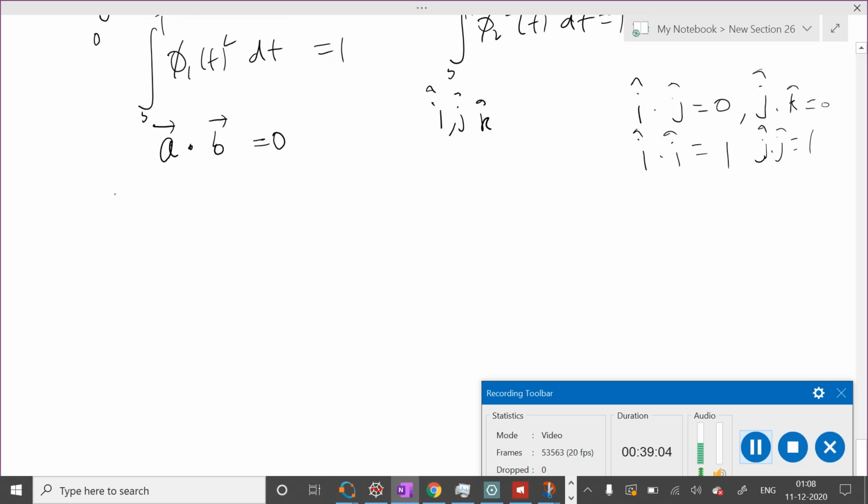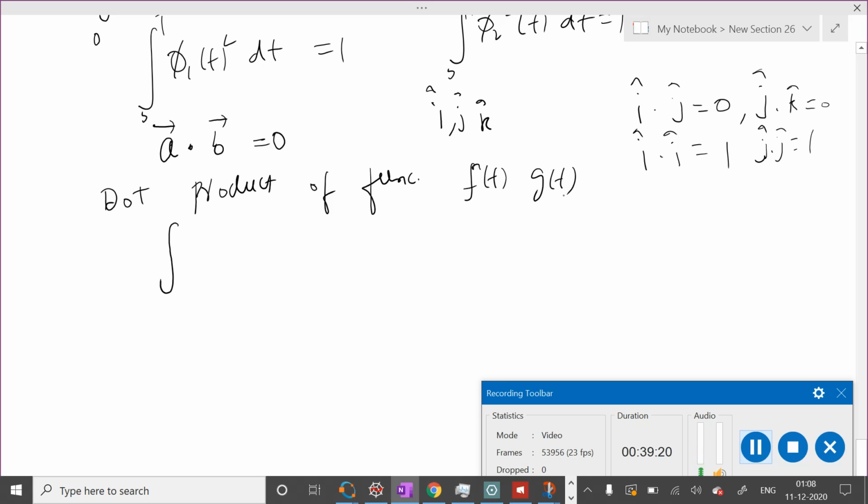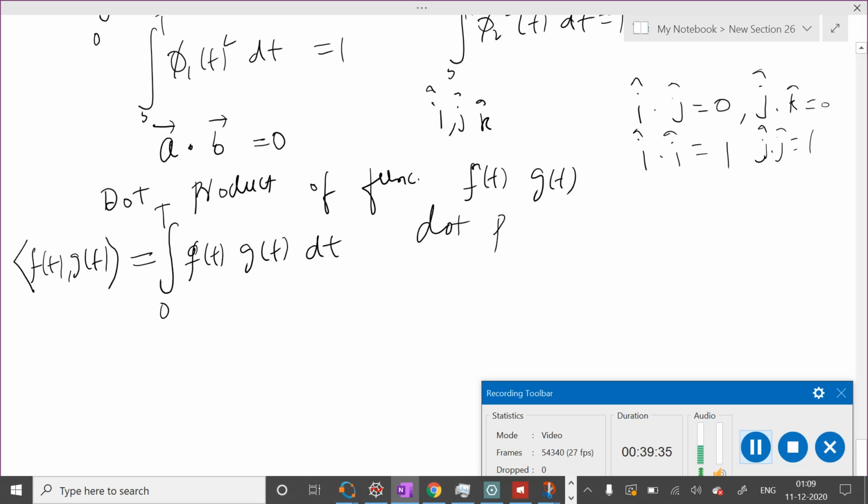Suppose you have two functions f of t and g of t. If you define the integral of f of t g of t dt over some time interval as a dot product, this is called the dot product or inner product.